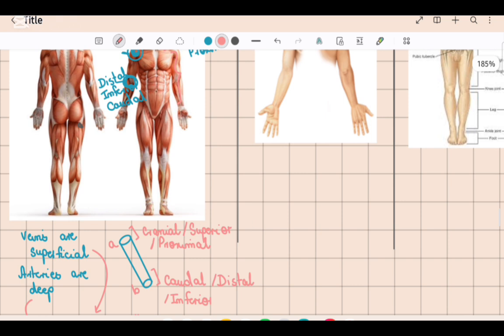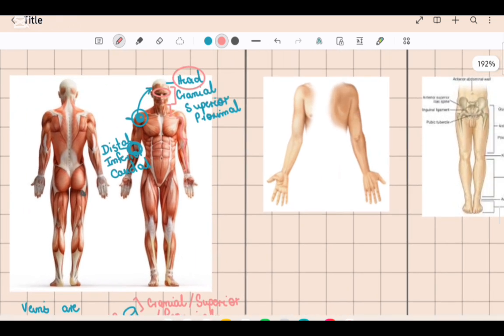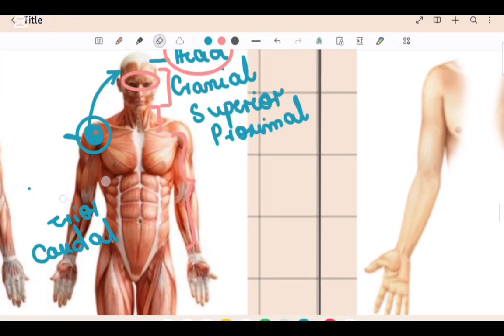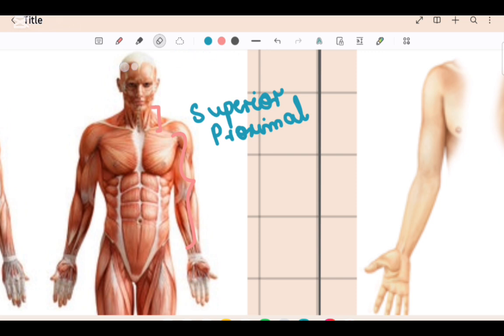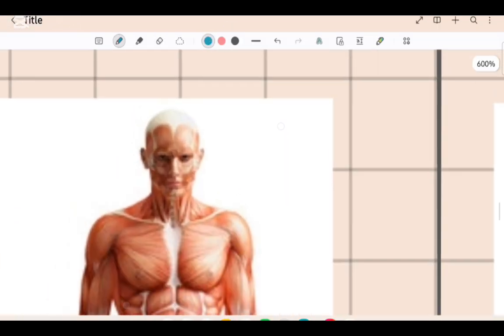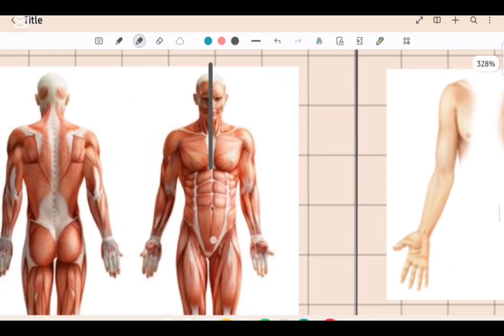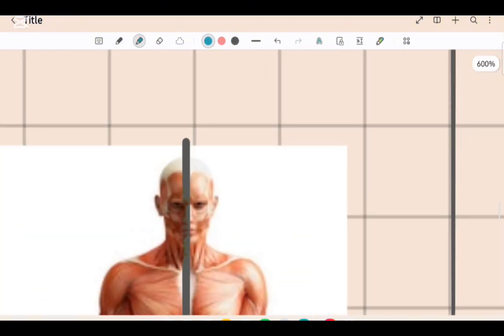Now ipsilateral and contralateral are two terms, but they are very easy. Ipsi means on the same side. Now this is your right side, and this is your left side.